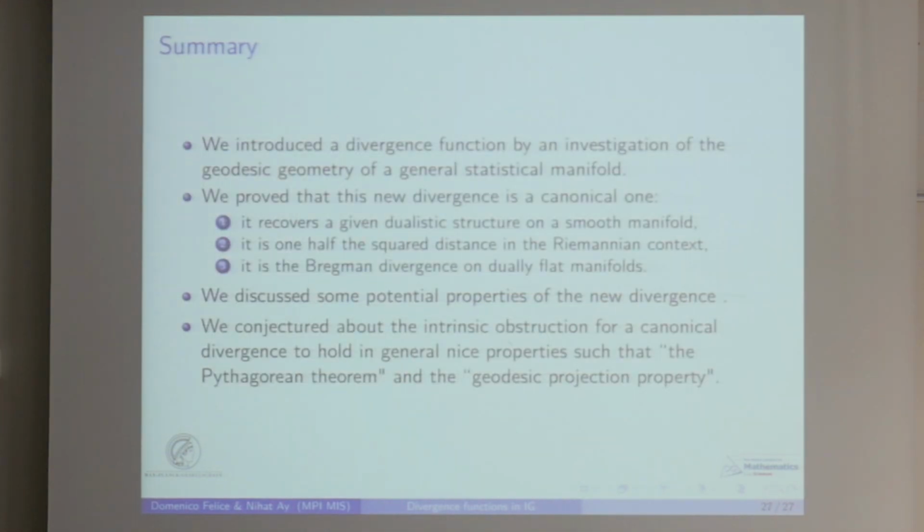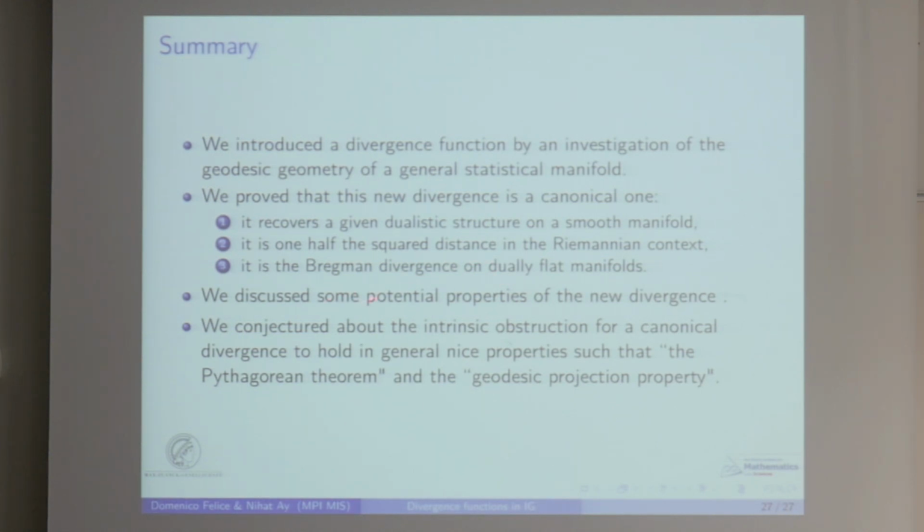So just to sum up, we introduced a new canonical divergence by an investigation of the geodesic geometry of a general statistical manifold. We proved that this new divergence is a canonical one in a way that it recovers a given dualistic structure. It is 1/2 the square distance, the Riemannian square distance, and it is the Bregman divergence on dually flat manifolds.